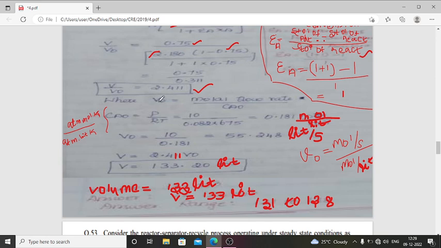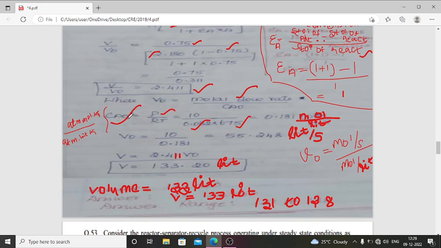So we should take volumetric flow rate equal to molar flow rate divided by CA naught. Here the molar flow rate is known, CA naught is unknown. How will we calculate the CA naught value? CA naught formula is P by RT. P is the pressure, that is 10, R is 0.082, into T value 675. This is the outlet temperature.